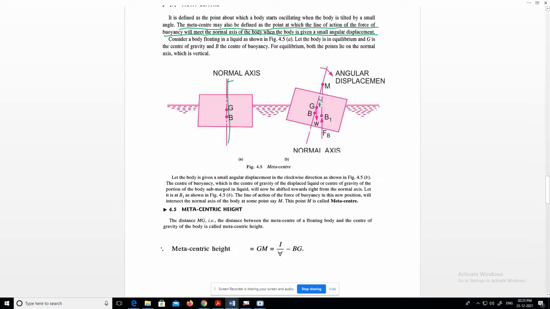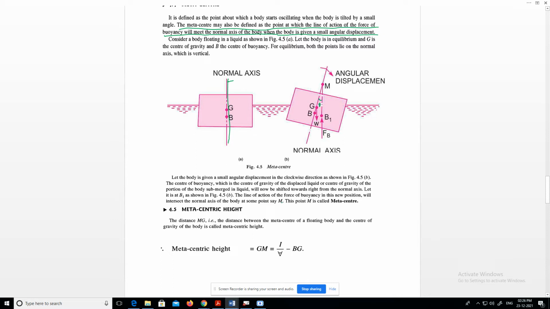The center of buoyancy, which is the center of gravity of the displaced liquid, or the center of gravity of the portion of the body submerged in liquid, will now be shifted towards the right from the normal axis. Let it be B1.